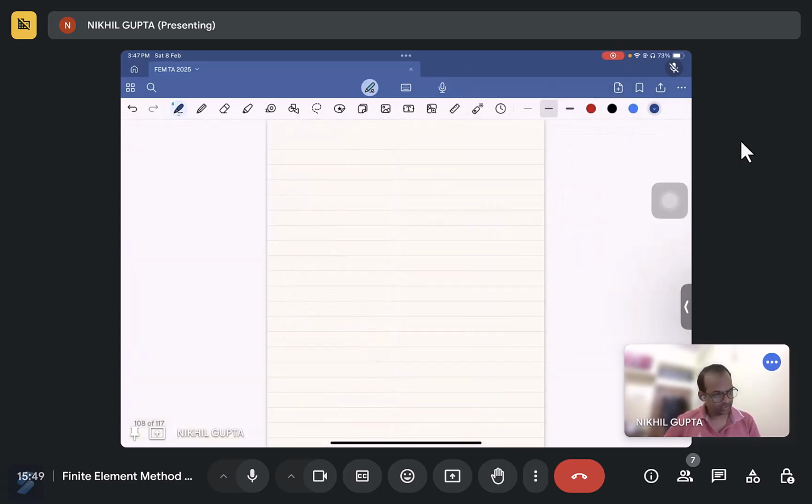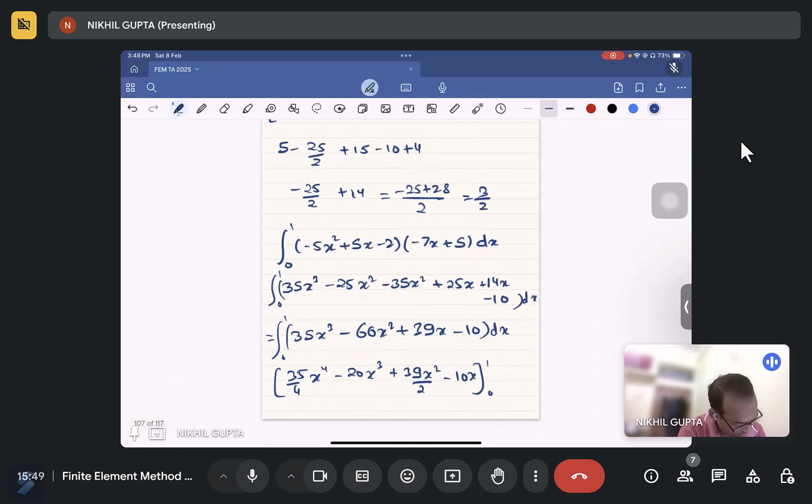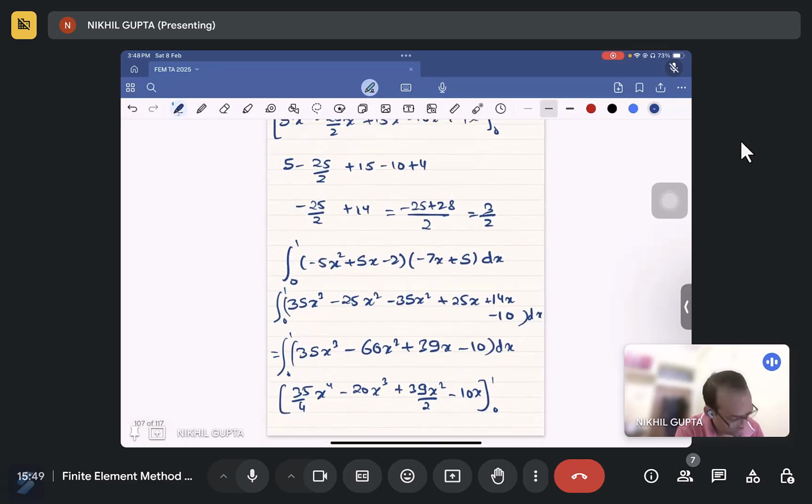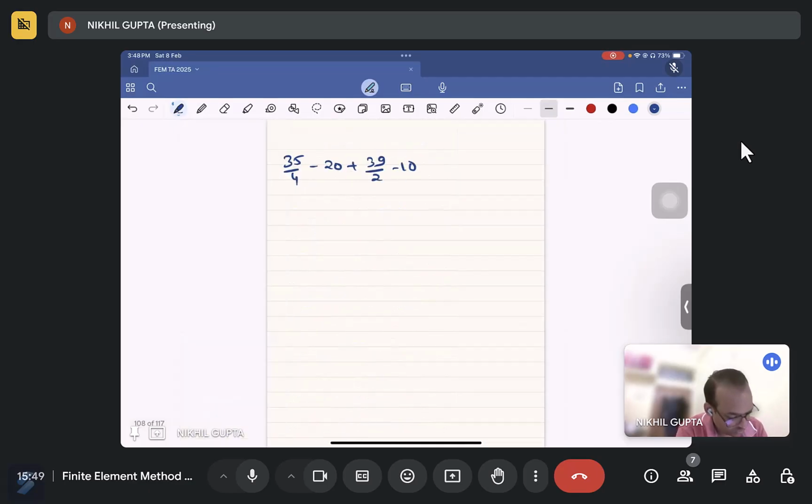Directly write it after putting the limits. It will be 35 by 4, then minus 20 plus 39 by 2 minus 10. When you solve, you get 35 plus 78 and 120 will go.